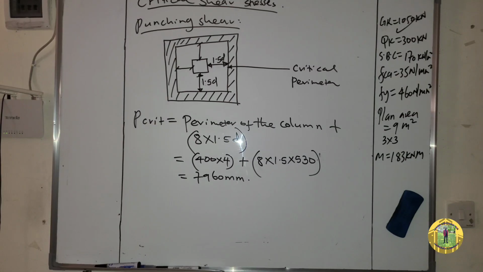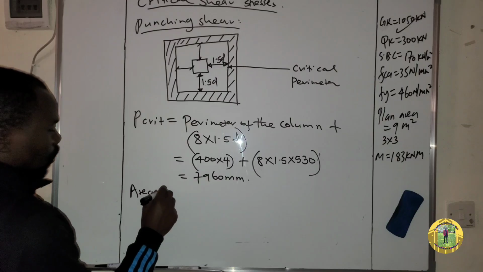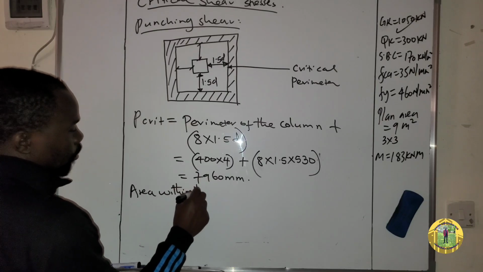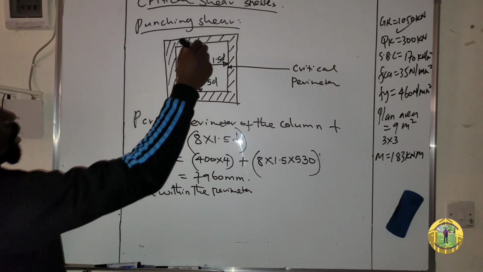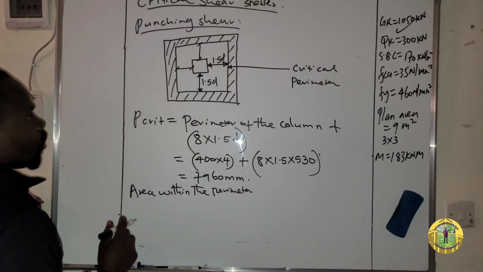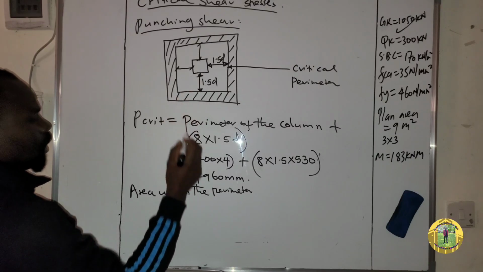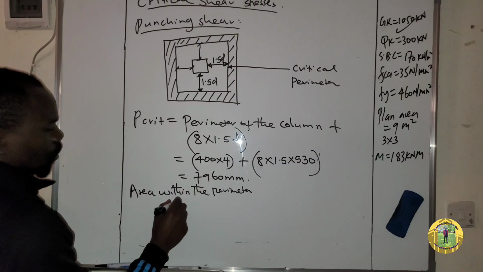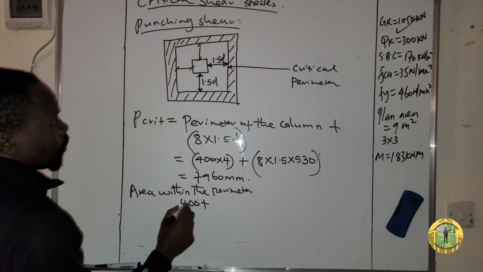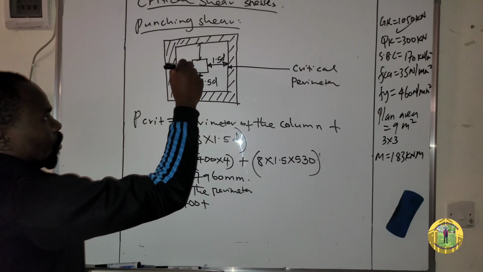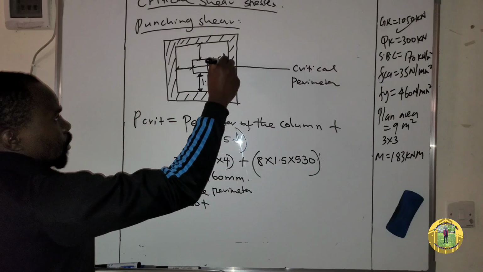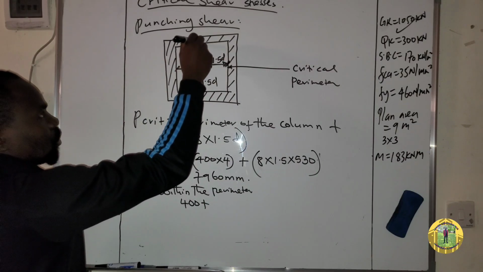So we now calculate the area within the perimeter. So this area is within the perimeter. So if this is our column, which has 400 millimeter dimension, we need the whole of this distance from here all the way to here, and also this one.